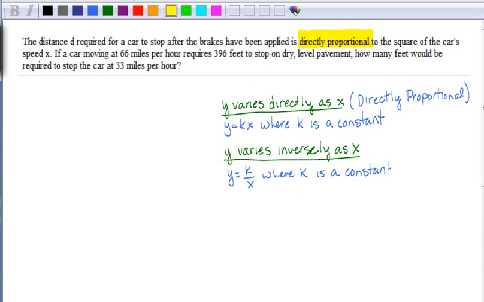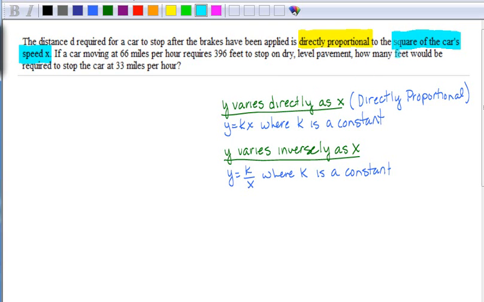But there is a little difference in this formula. We have here that the distance required for a car to stop after the brakes have been applied is directly proportional to the square of the car's speed. So let's highlight that: the square of the car's speed. So we don't just have y varying directly as x, now we have y varies directly as x squared.